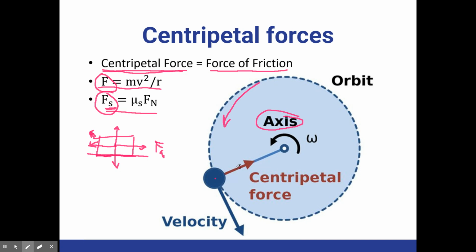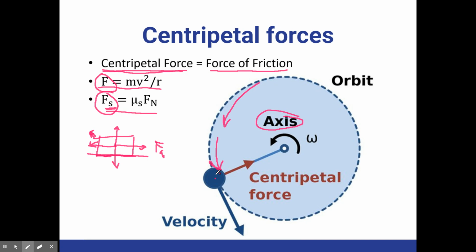So when we have an object that's rotating in this fashion, the point of contact where friction comes into contact with the ground is so quick and so instantaneous that it's as if that point of the object, in this case a wheel, is standing still.